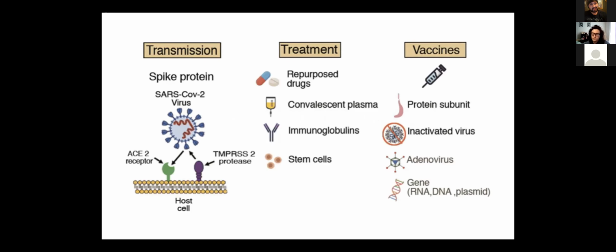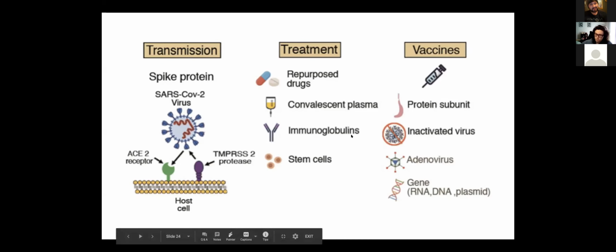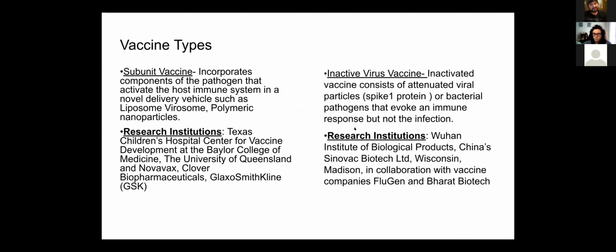The most popular one being the RNA vaccine, but we also have protein subunit and active virus vaccines and adenovirus as well. So I'm gonna try to go as fast as I can and try to summarize some things. It's just a lot of information, but let's get started.